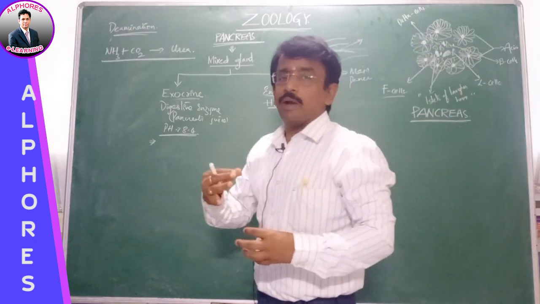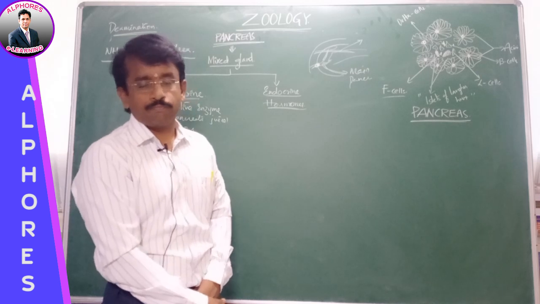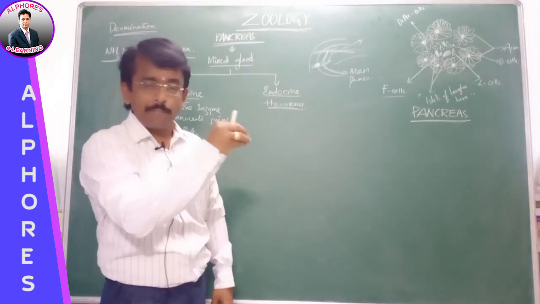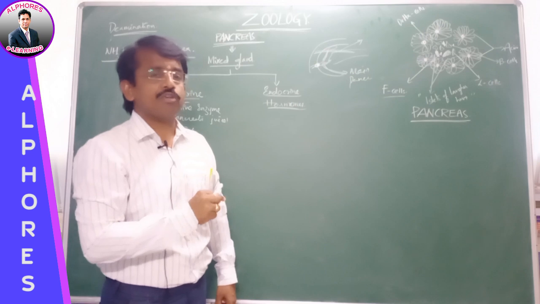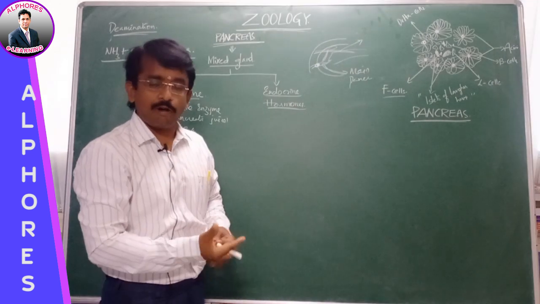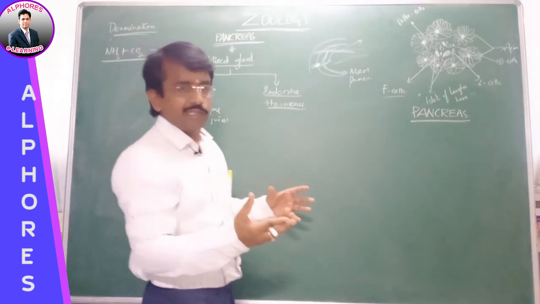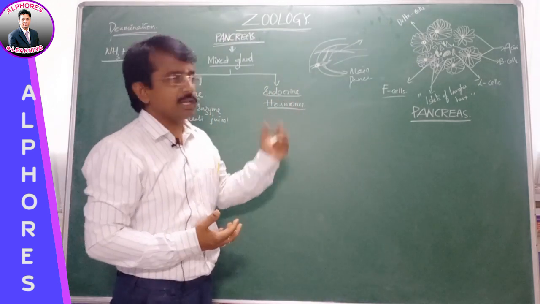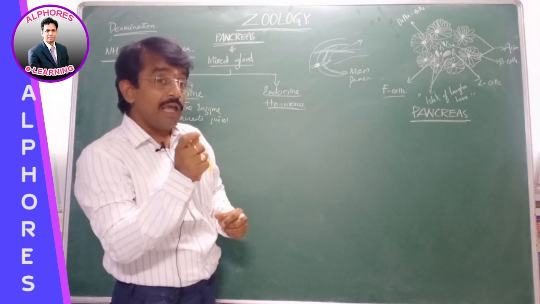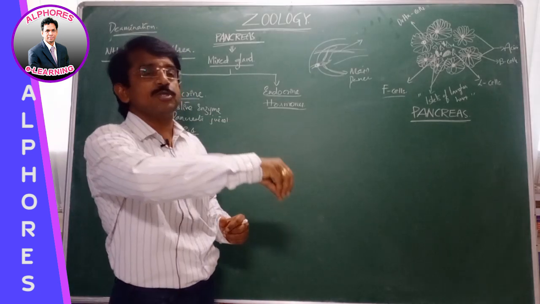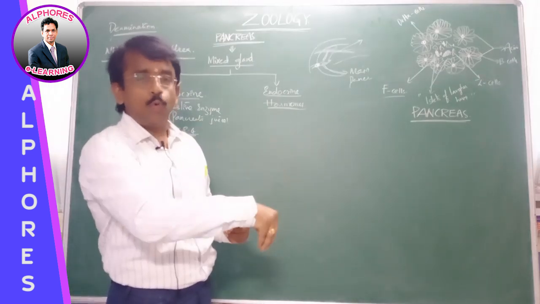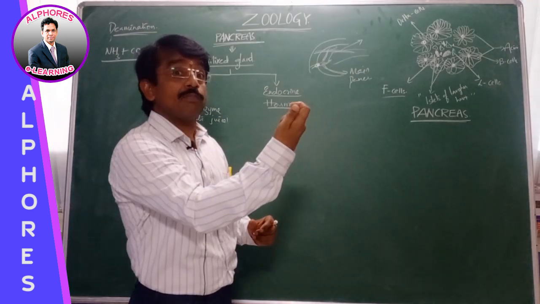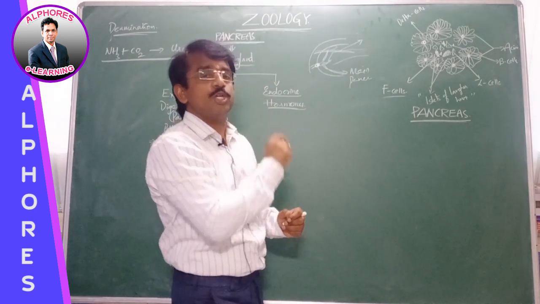Now the question is, why are they in inactive form? Generally, our body parts and cells are made up of chemicals such as proteins and carbohydrates. So if the enzyme is released in an active form, wherever it is secreted it is going to act upon the same part, which means autodigestion takes place.